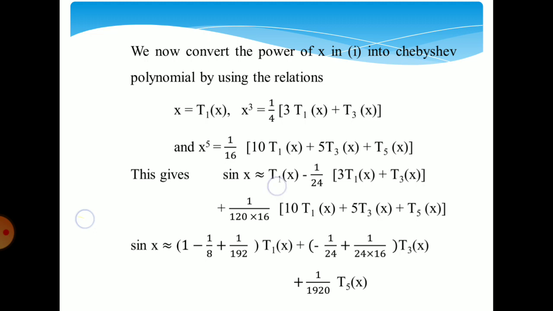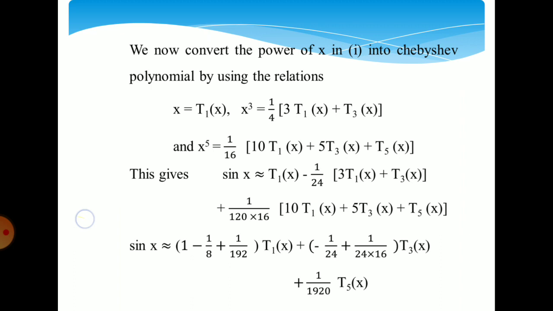This is t1x, that is 1, and 3 upon 24 means 1 by 8 t1x, and 10 times t1x into 1 upon 120 into 16 will become 1 upon 192 t1x.